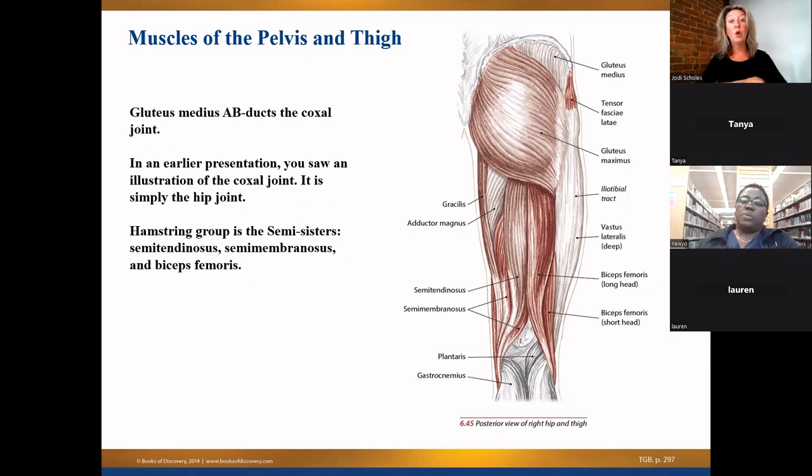Again, lower leg. Feel free to review these. This video will be posted later and you can come back and just gaze. Here's a way to remember that they're hamstrings: the semi-sisters, semitendinosus, semimembranosus, and biceps femoris.